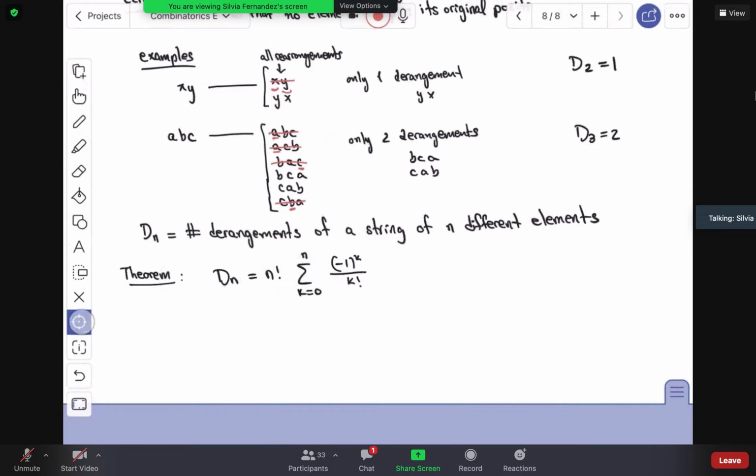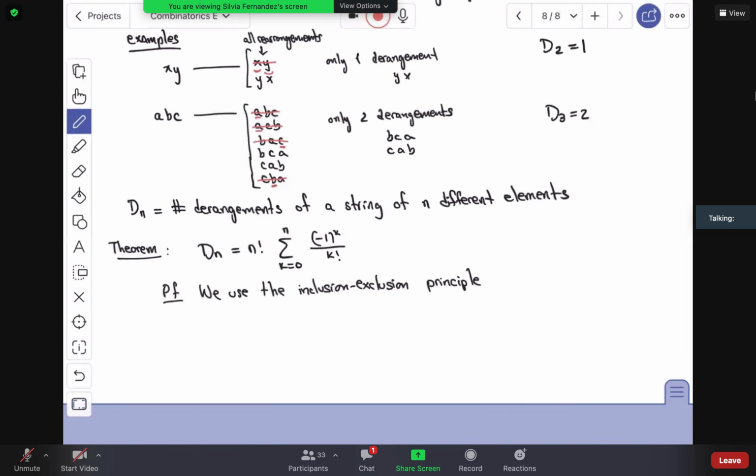But we're going to prove this using the inclusion-exclusion principle. But what I'd like you to do from today to Thursday is think a little bit about it. What would be your sets?